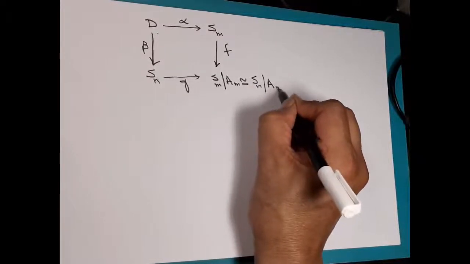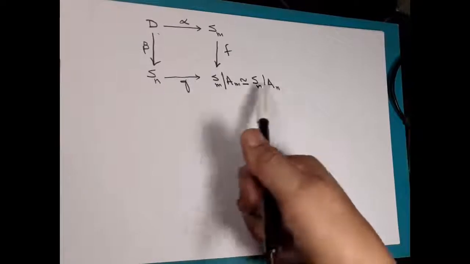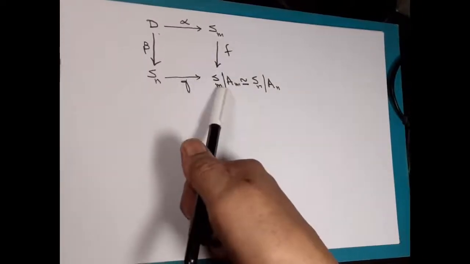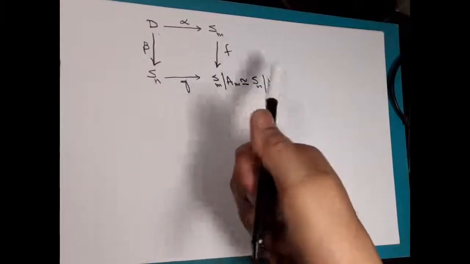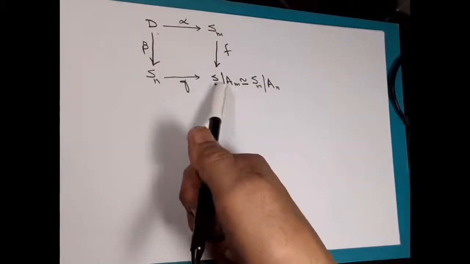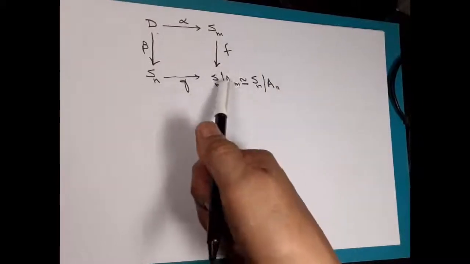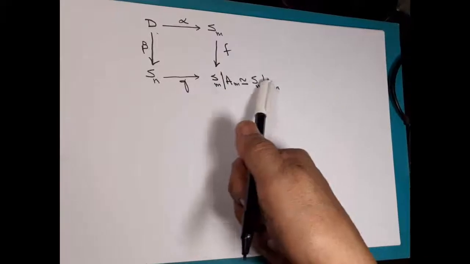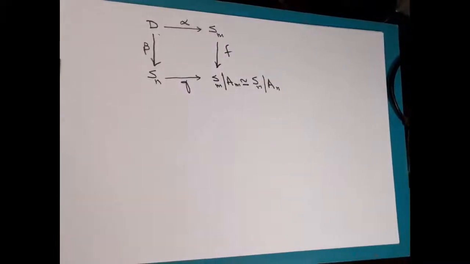So you can consider only one of these two at this place because they are isomorphic. You can take any one of these. Whatever you take, you can go to the other by using the isomorphism.